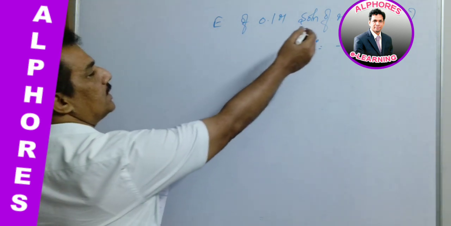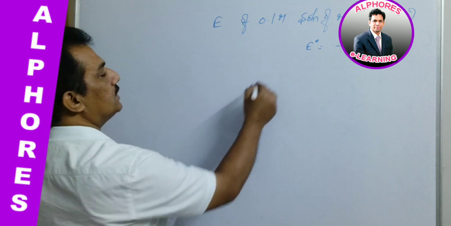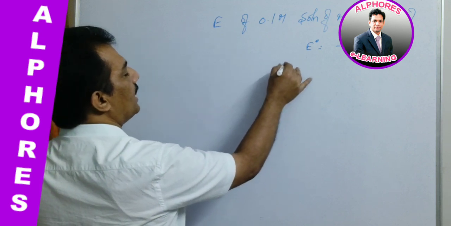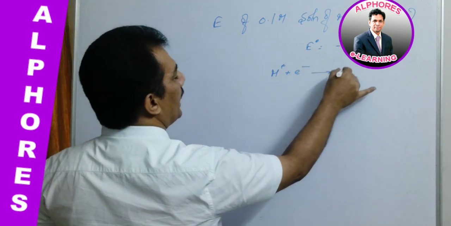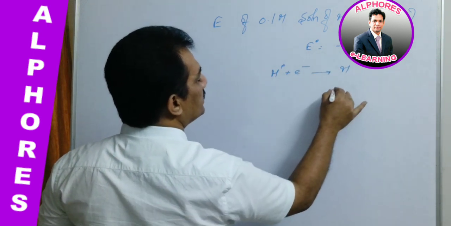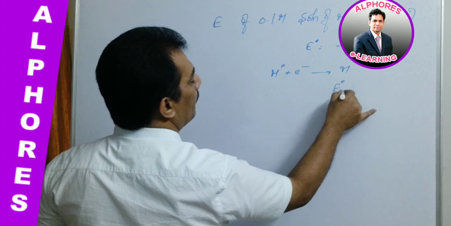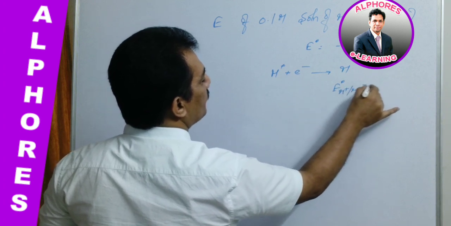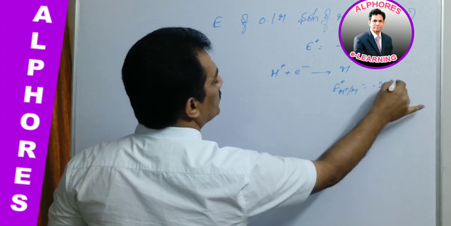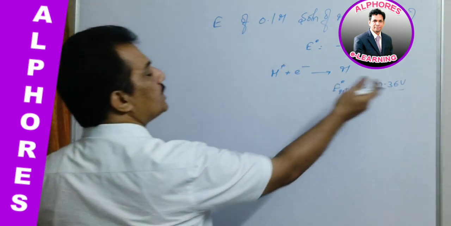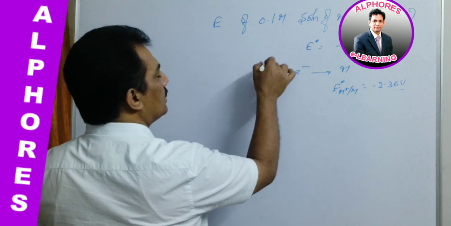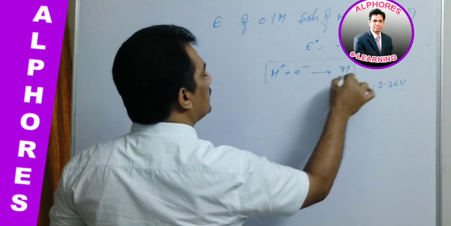So here first let us write the equation for this. M plus electron giving M, that is E naught M plus to M is given as minus 2.36 volts. And in this equation, when we are writing the half electrode reaction, it appears like this.